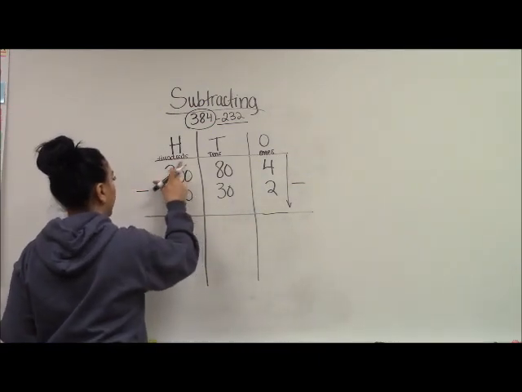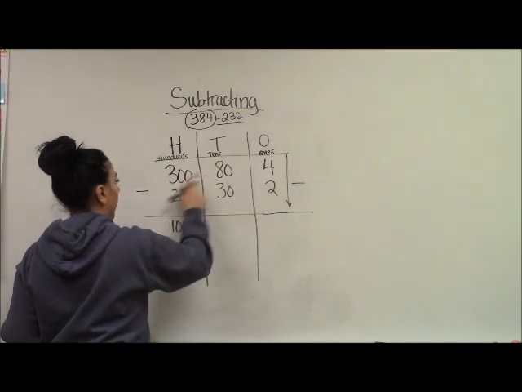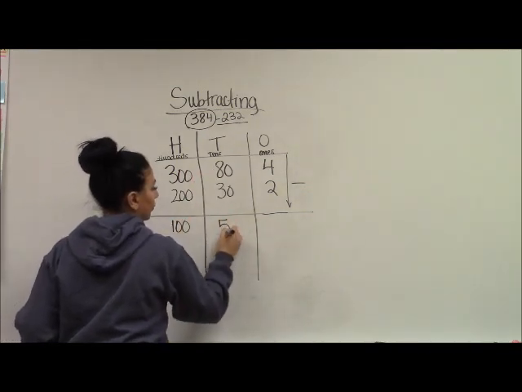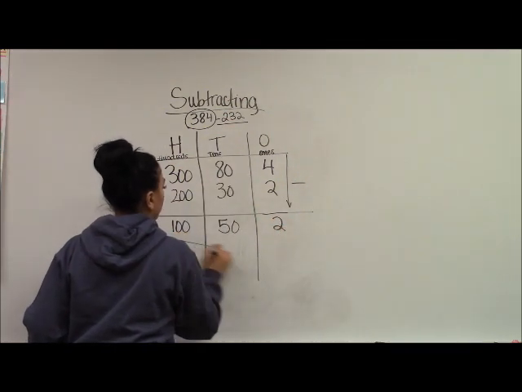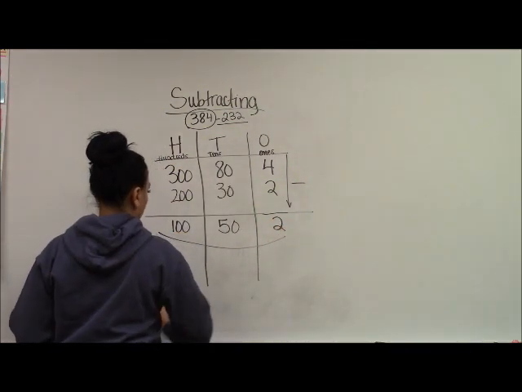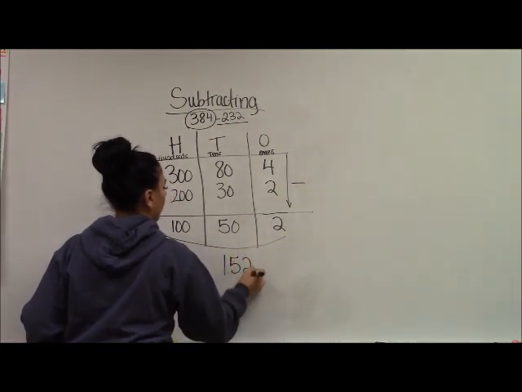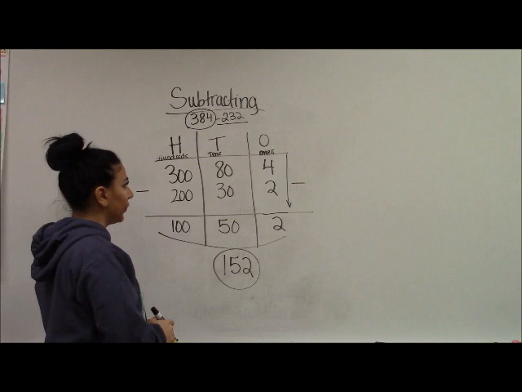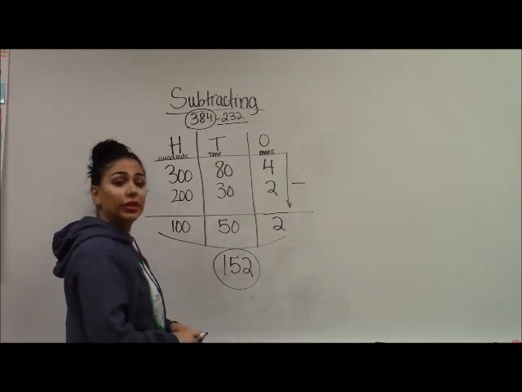So you could say 300 minus 200, 80 minus 30, 4 minus 2. Your answer is still 152.